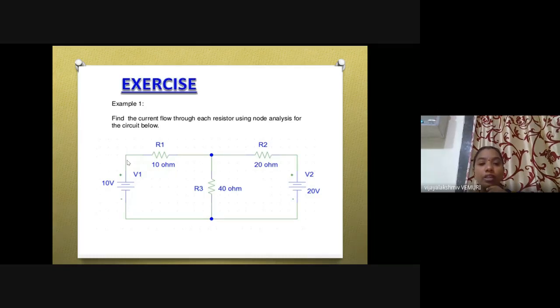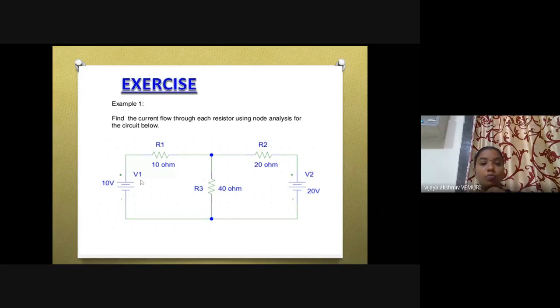but in this method we are not going to apply KCL at this node and at this node. Why? Because the current flowing through these two is the same, isn't it? Because both are in series. From here the current is leaving and here it is entering.